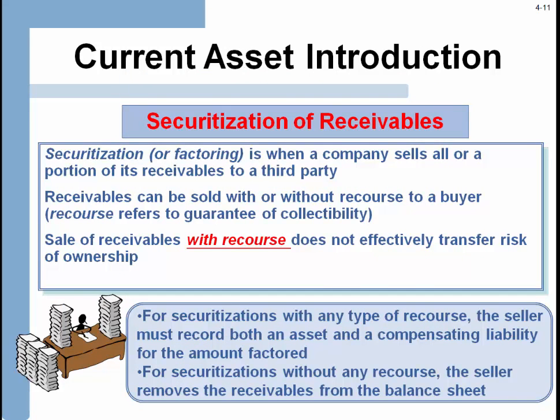Now, securitization of receivables, sometimes called factoring, is when the company sells a portion of the receivables to a third party. What's a good example of this? If any of you have ever bought furniture at, say, not a Haverty's, but maybe a local furniture store, they will give you a credit application if you want to buy it on credit.